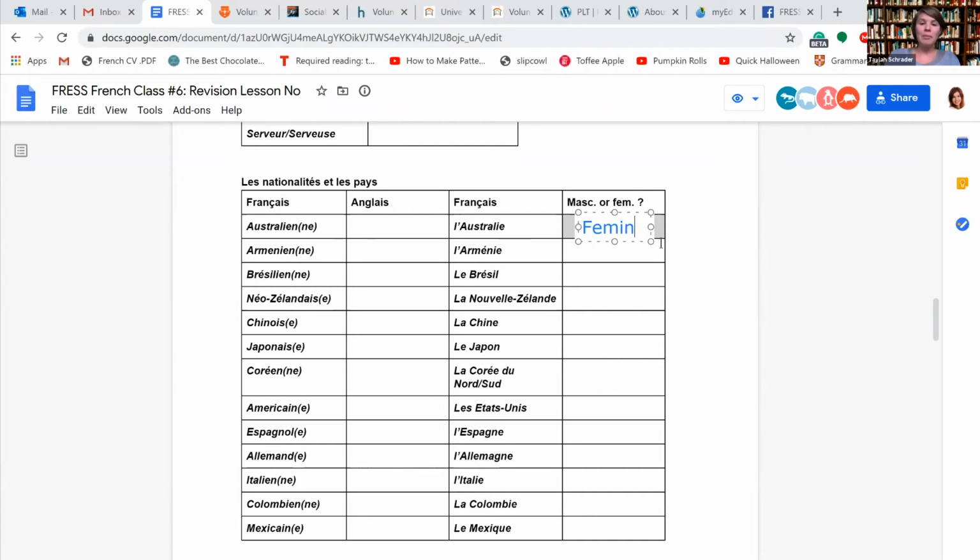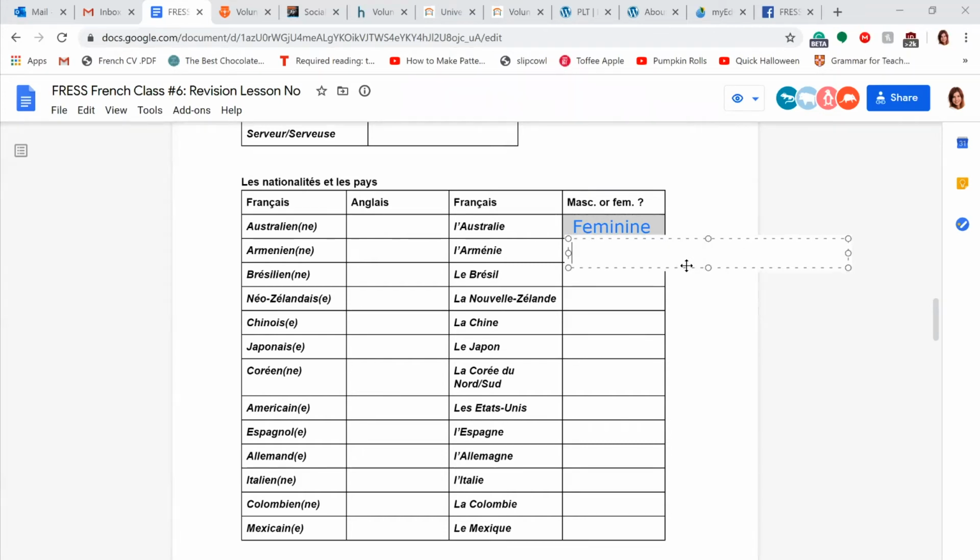So that one's a feminine one because it ends with an E. You'll see l'Australie has the E. Oh, I see. I thought you meant if it ends in an E in English. Oh, no, in French. Okay, sorry. All good. So for l'Arménie, would it be masculine or feminine? Feminine. Feminine, exactly.